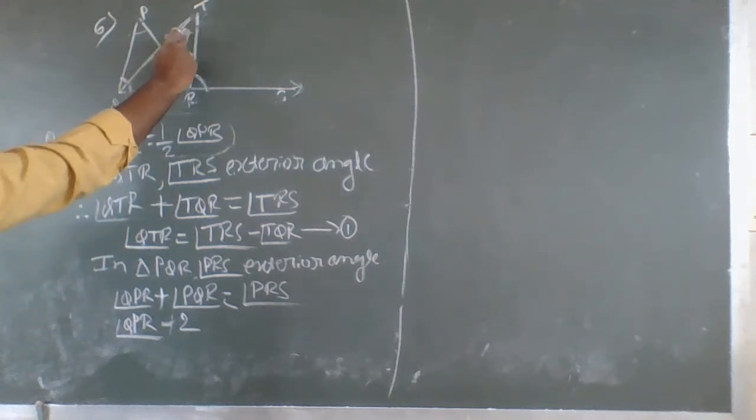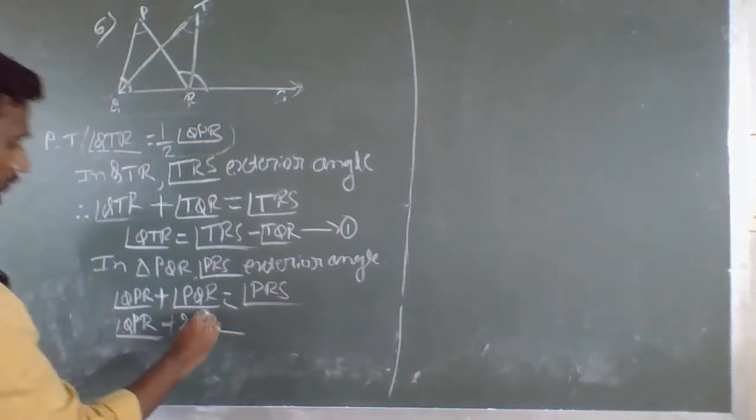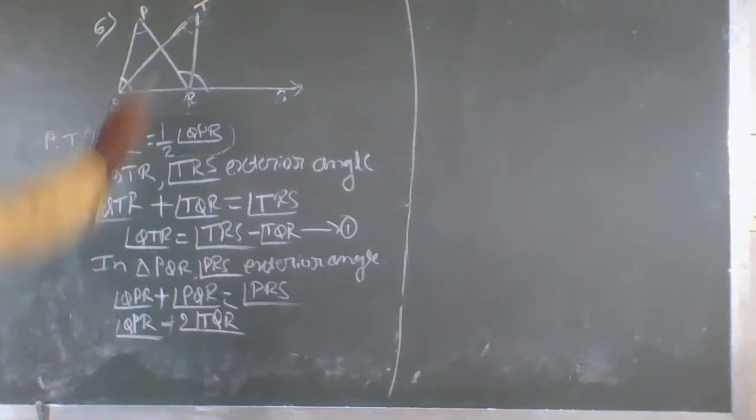Therefore, I will write 2 into TQR, because TQR is equal to PQT, because this is the bisector.